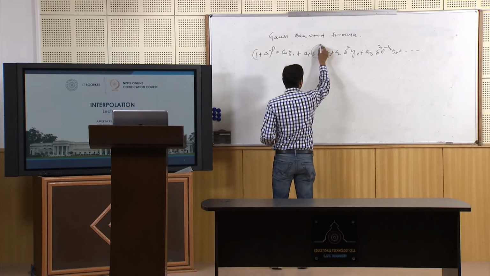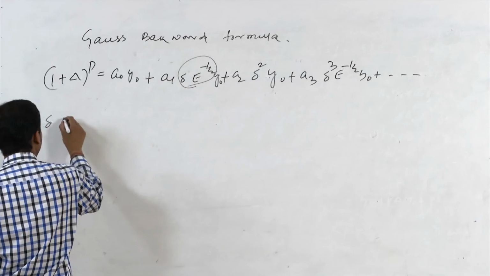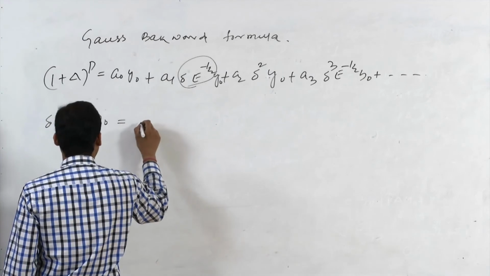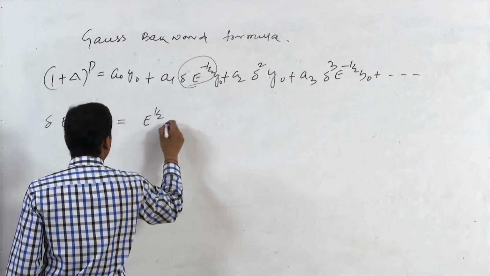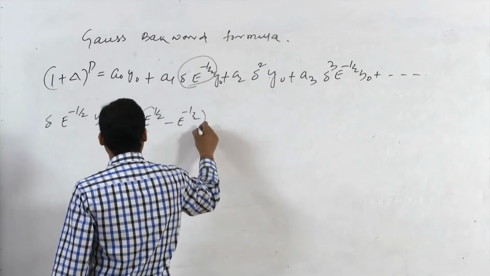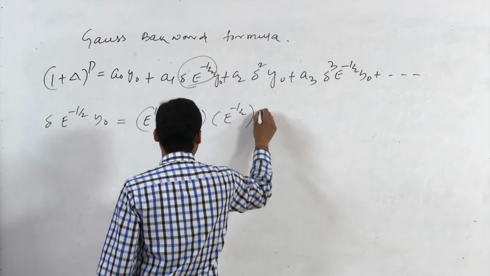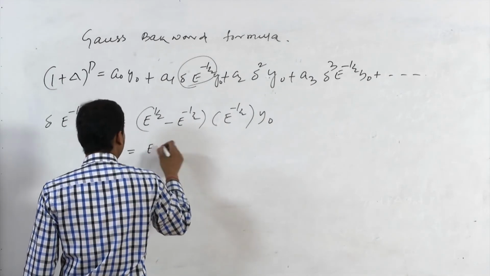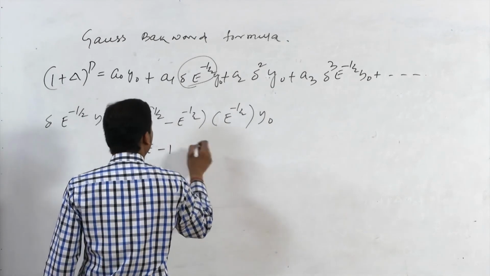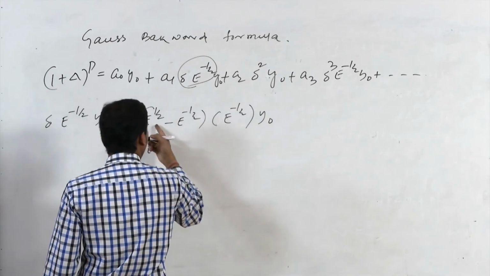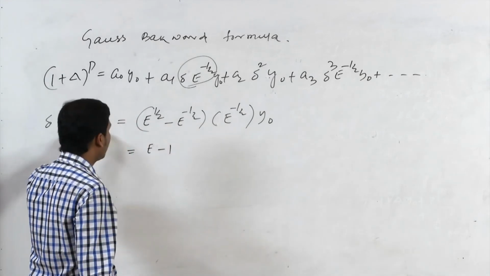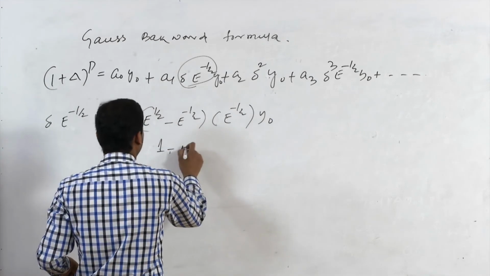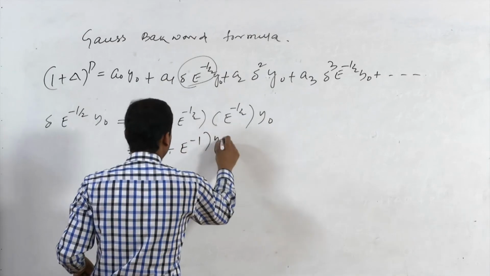To find this coefficient, it can be written as delta e to the power minus half of y0, which can be expressed as e to the power half minus e to the power minus half into e to the power minus half of y0. Taking this product, this can be expressed as e minus 1, or adding it up, e to the power half, this is 1 minus e inverse of y0.